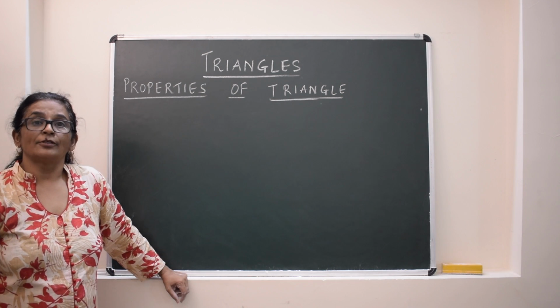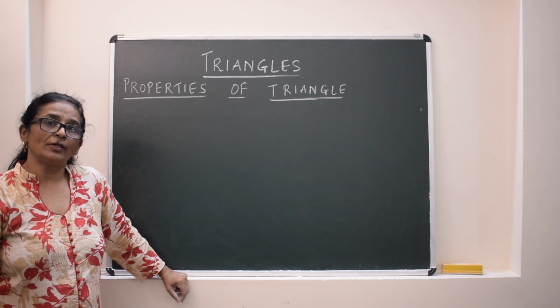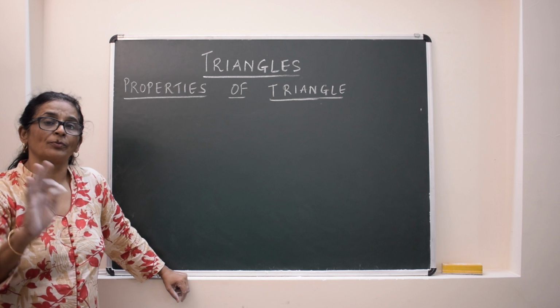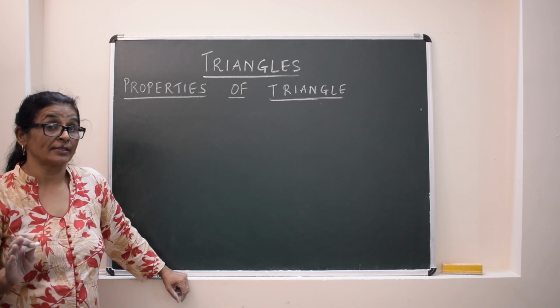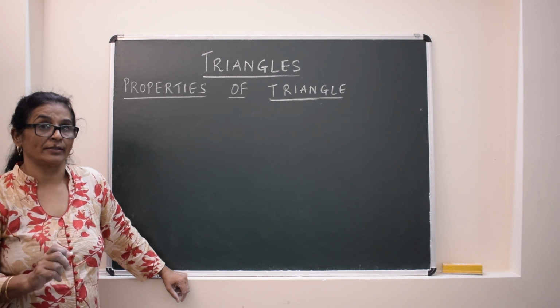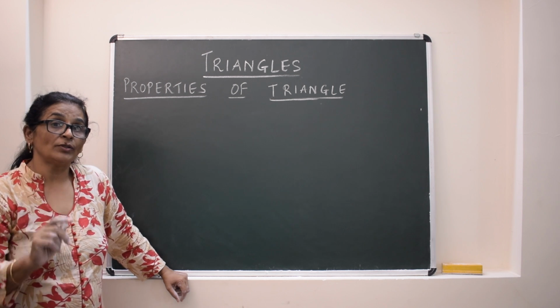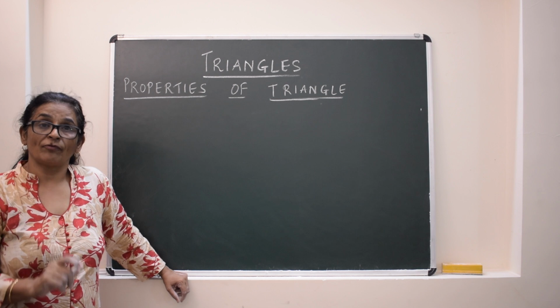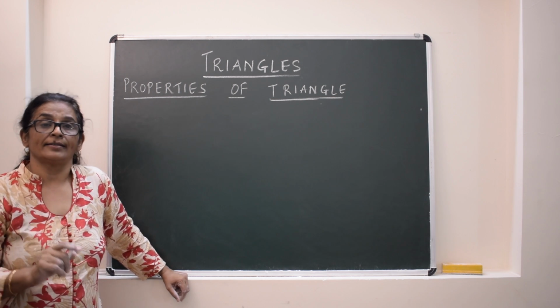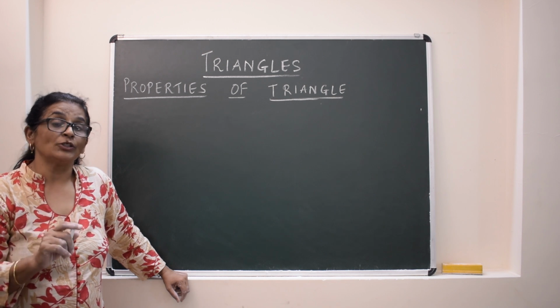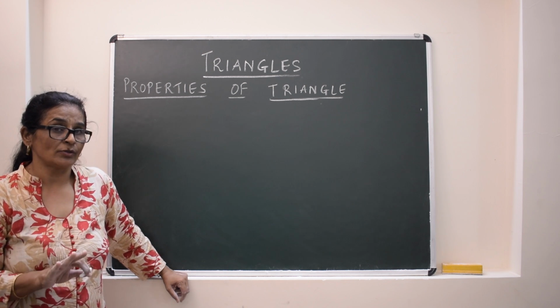Second concept is altitude. It is a perpendicular drop from the vertex to the opposite side. No matter wherever it meets the opposite side, not necessarily at the midpoint. Okay, so altitude is a perpendicular dropped from a vertex to the opposite side of the triangle, and there are 3 sides, so 3 altitudes will be there.